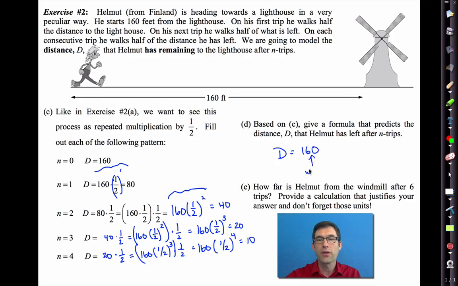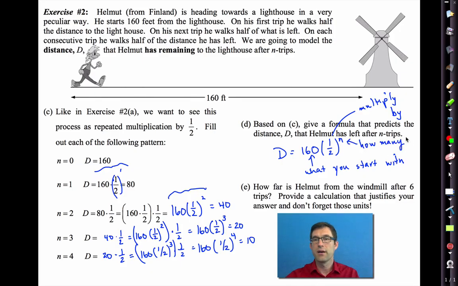What you start with, what you multiply by, and then how many times you multiply. I'll call it how many multiplications. That now looks like how many x's. How many products.